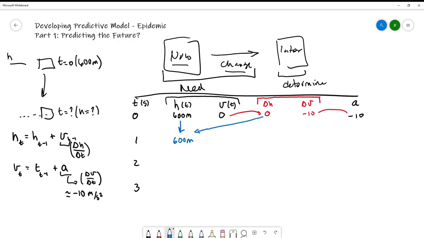And the physical wrongness we'll get to later. The velocity is going to change by a certain amount. And so the velocity after a second has gone by in this discrete time step model is minus 10. And this is going to be in meters per second.